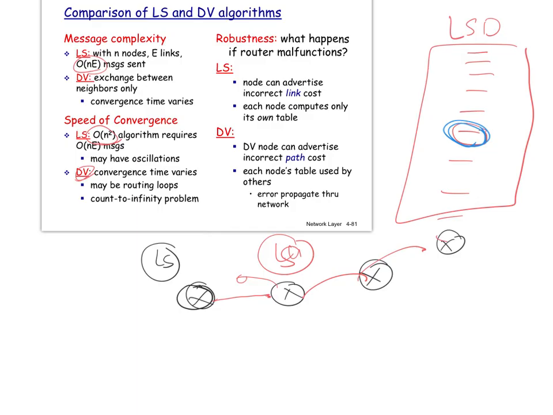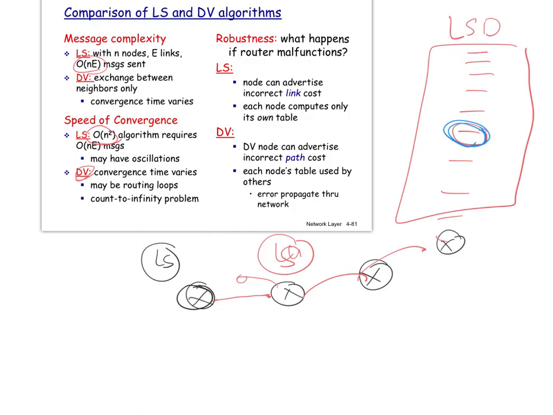Okay? Now for distance vector, we don't have a link state database. Okay? If a router has malfunctioned and has reported one link with an erroneous cost, this error will propagate and will affect the estimation of distances to all the neighboring nodes, right?